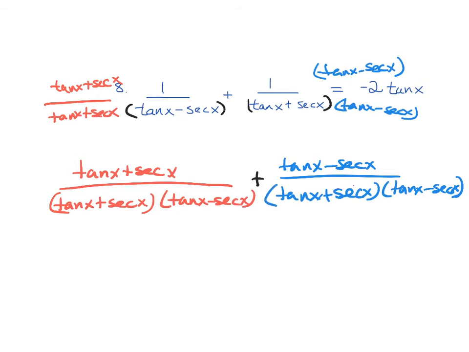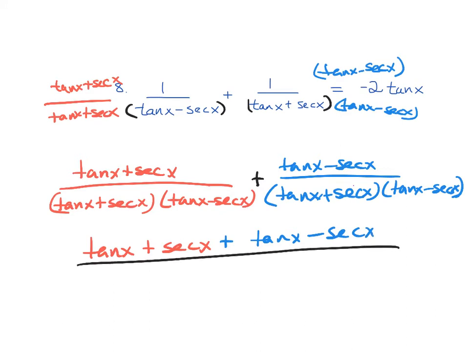Now that I have a common denominator, I can combine my numerator. So my new numerator is tangent x plus secant x, and then plus tangent x minus secant x, and it all has the common denominator now.